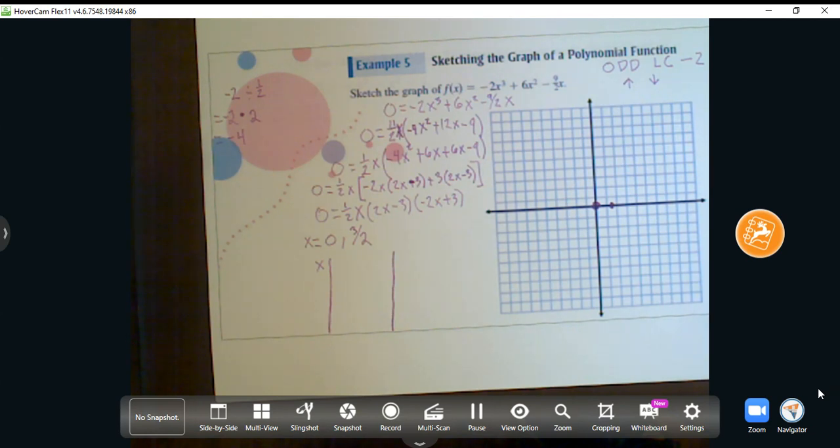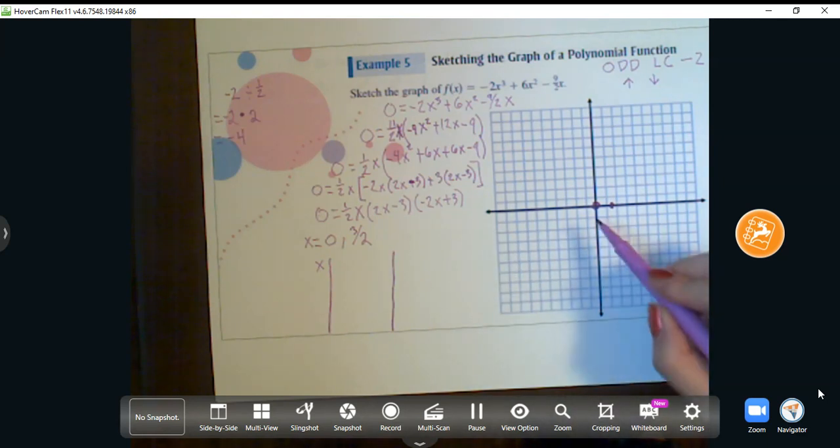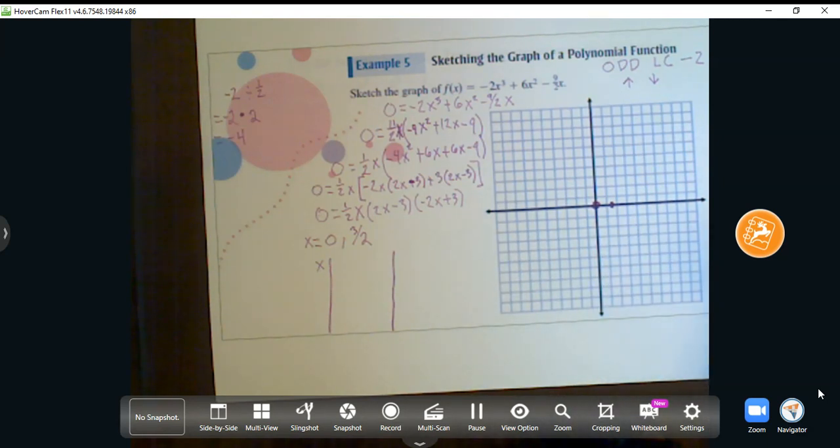So we have one that's before 0, in between 0 and 1.5, and then after 1.5. So I want to pick numbers that are going to fit into each one of those categories.